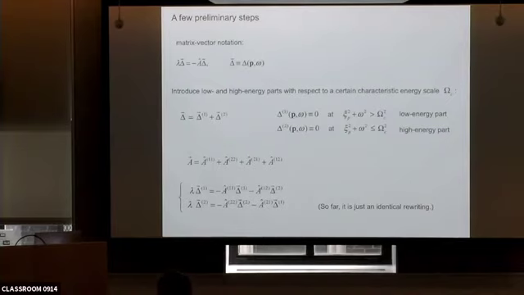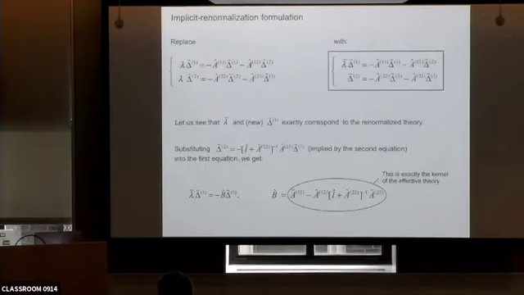Rewriting the original problem in the new notation, we have this system of 2 equations. And what we do with this system is replace it with a new one. I took this system of 2 equations, which is equivalent to the original one, and by hand replaced this lambda with just unity.